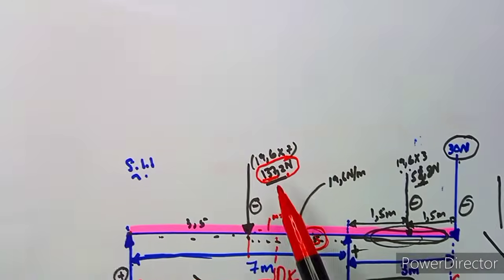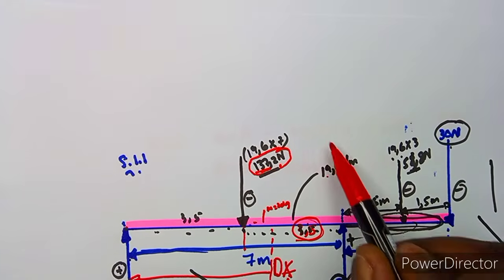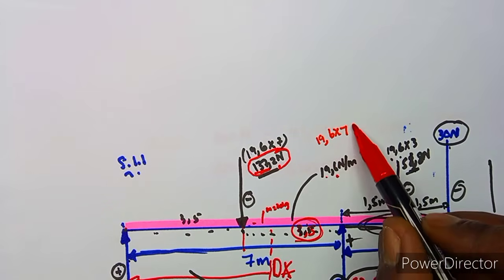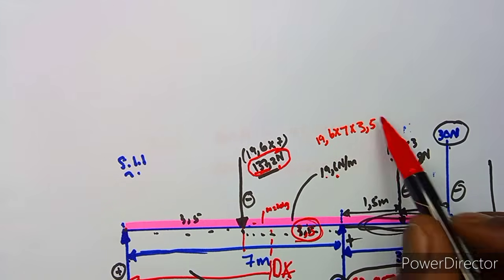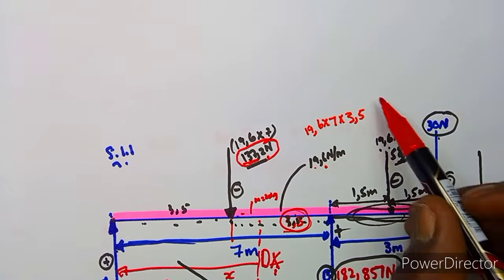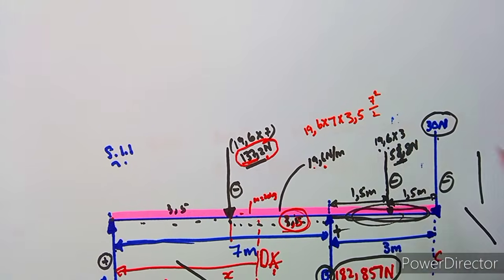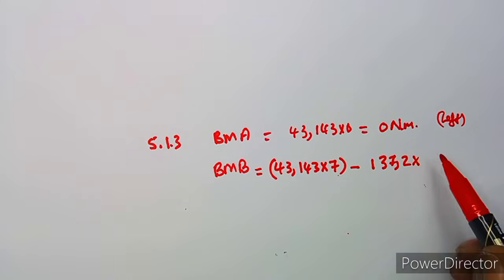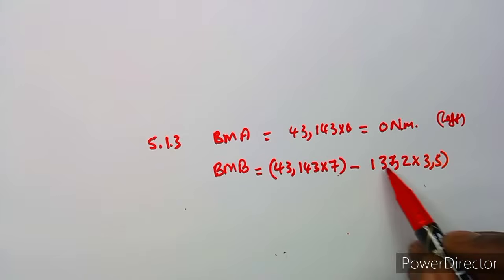If you are having this 19.6, you're going to write it as 19.6 times 7 times 3.5, or times 7 over 2. Someone can write it as 7 squared over 2. It's one and the same thing. So it's going to be times the distance, which is 3.5, something like this.